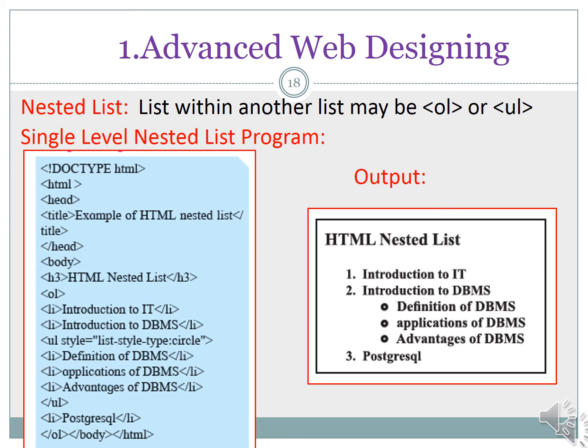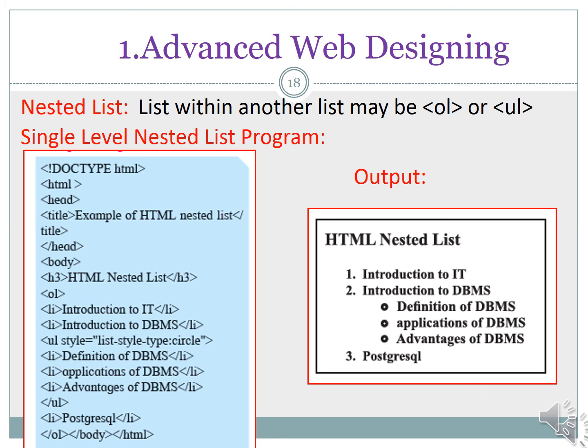Here to display the ordered list, initially we have used OL. Under that OL, only two items are displayed: Introduction to IT and Introduction to DBMS. Under DBMS, we have specified three items, and for that we have used an unordered list with the circle type.